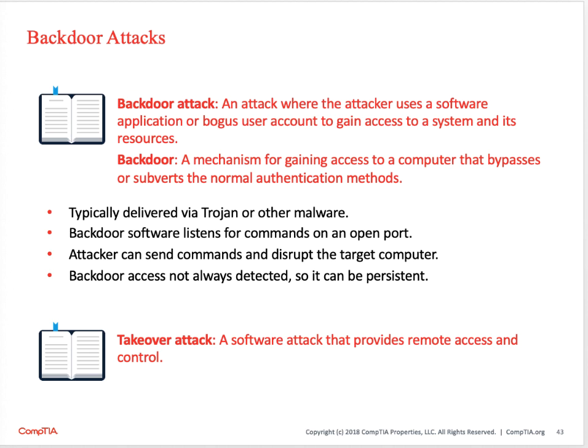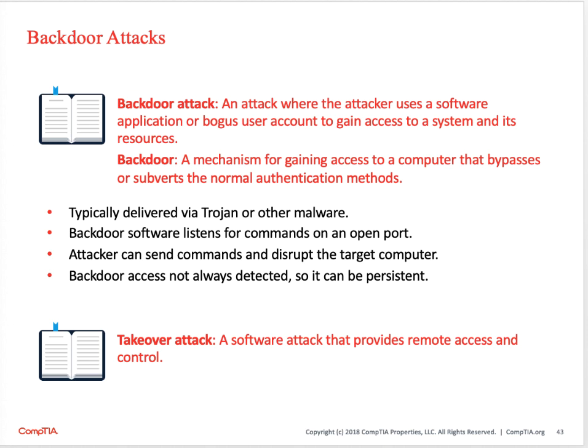A takeover attack is going to be preceded by a backdoor attack, right? So a backdoor attack is the first step in a takeover attack, and that's when the attacker takes full control and remote access of another computer, right?